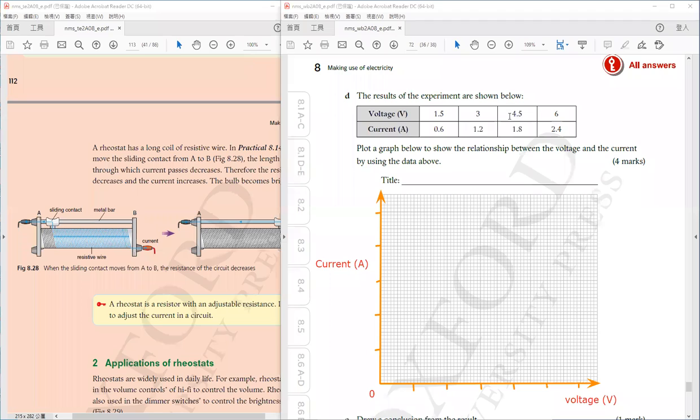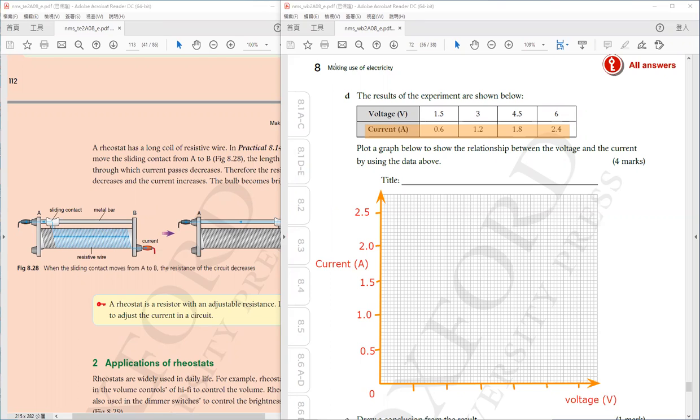You have to specify that the maximum current is 2.4, so let's make it 2.5 maximum: 2.5, 2.0, 1.5, 1.0, and 0.5. You have to pay attention that for a regular interval, you only increase by 0.5.